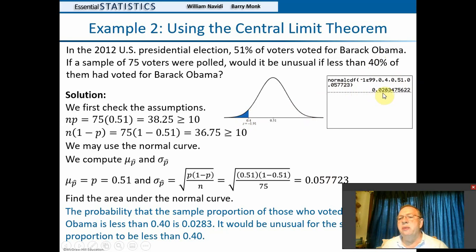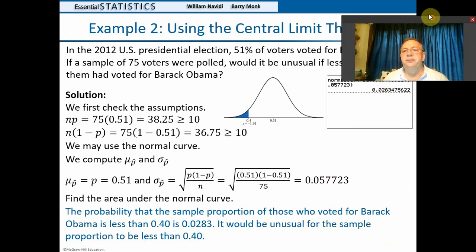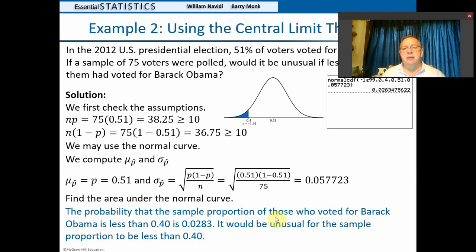The probability is 0.0283, less than 0.05, so that would be very unusual. So the probability that the sample proportion of those who voted for Barack Obama is less than 0.40 is 0.0283. It would be unusual for the sample proportion to be less than 0.40.